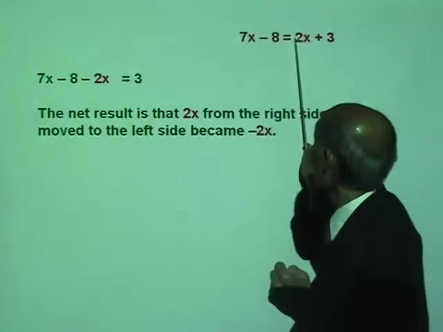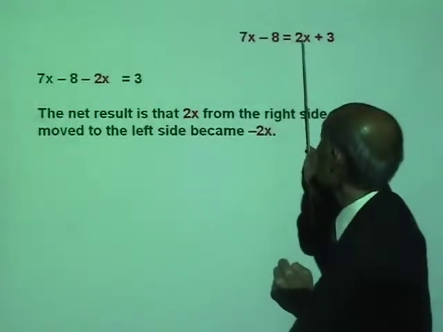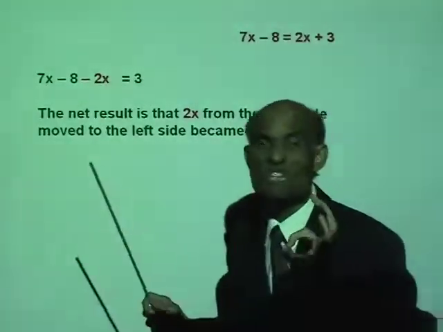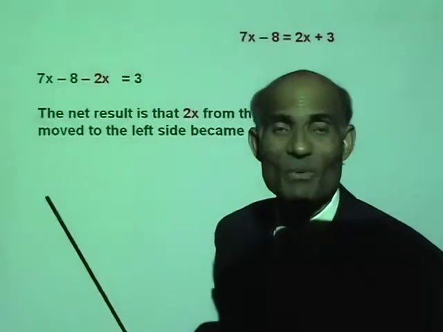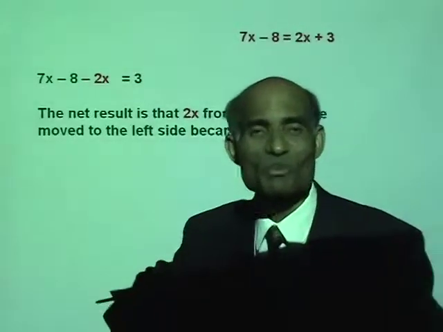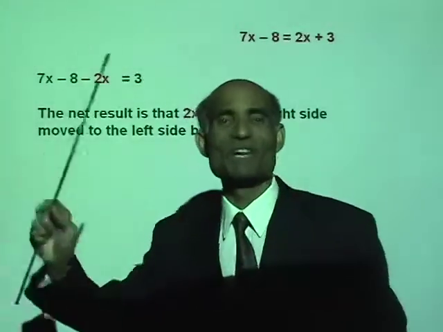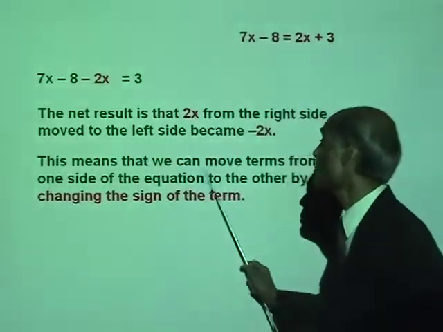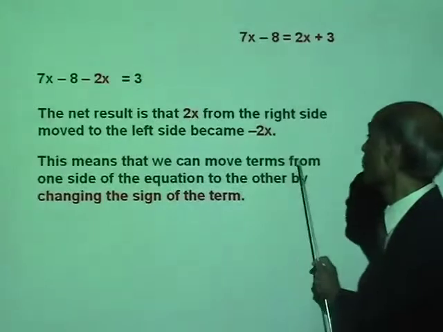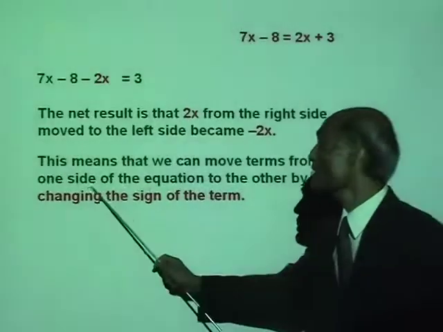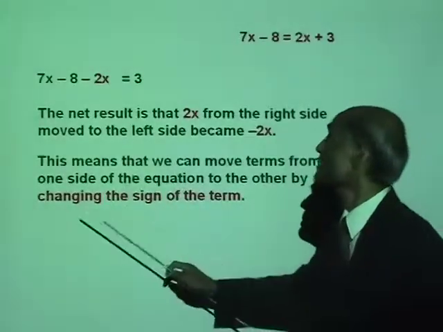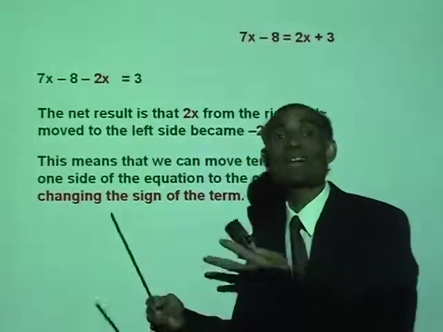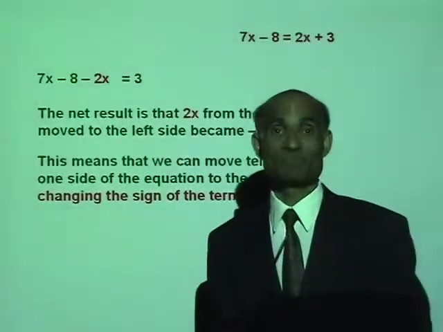A term on the right side of the equation can be moved to the left by changing its sign. I want you to learn this because we are going to use this process in solving equations. Now this means that we can move terms from one side of the equation to the other by simply changing the sign of that term.